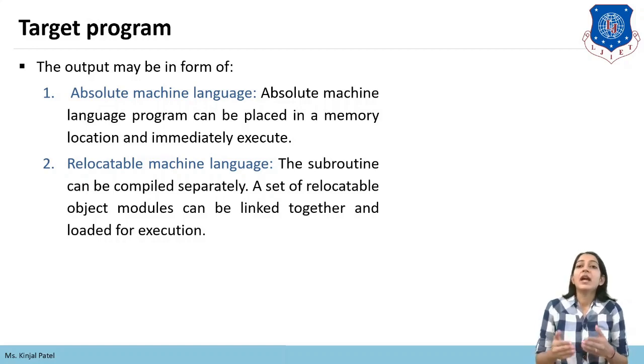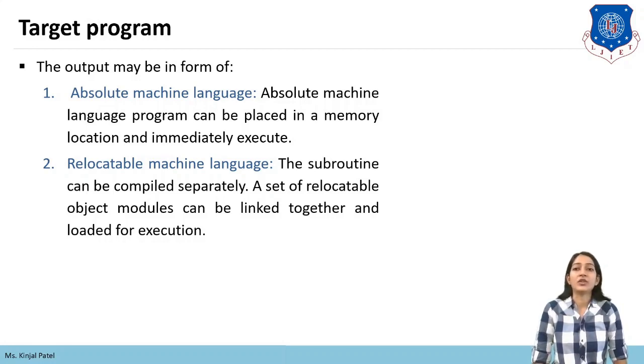So when the assembler generates the code, it is in different parts, so that code is known as relocatable machine code. Now when we want to link these different subroutines into a single module, the linker is used. And when we want to put that code in the proper location, the loader is used.